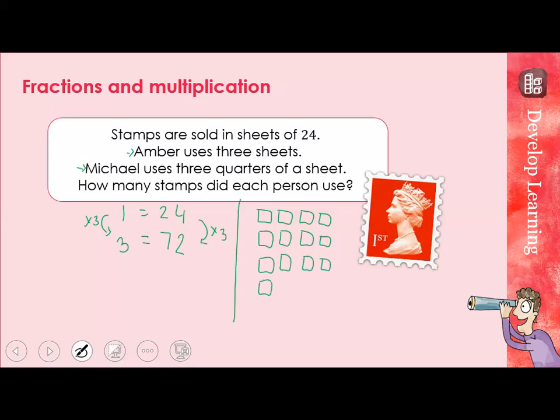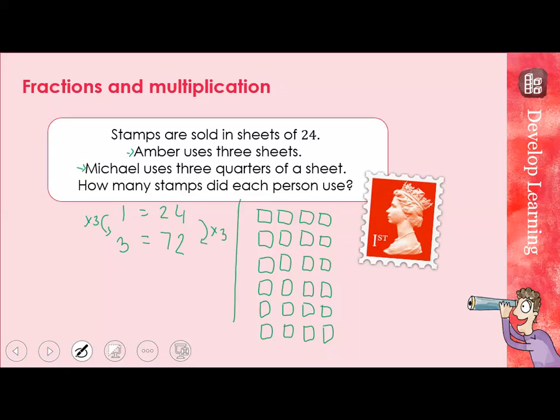That's 12, 16, 20, 24. Now as you can see already, this isn't the quickest way of working things out, but it does work.